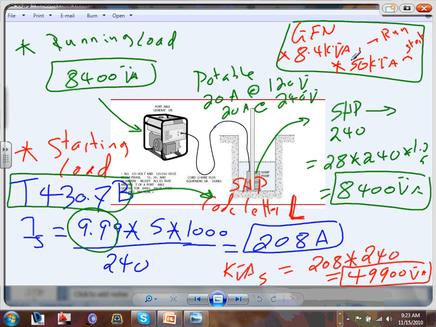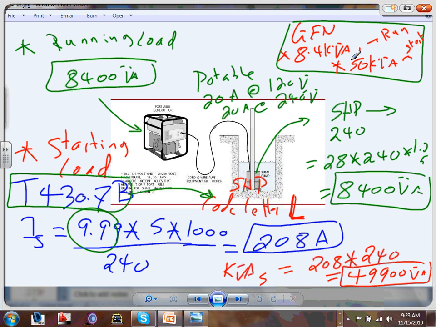My actual load in reality came up to 420. I can size my generator for 420, not the panels. The panels we went up because of future expansion and so forth, and we couldn't find the size of a panel, so we went to the next size up. You size based on the actual load. Any questions about that? Running, start, run, start.